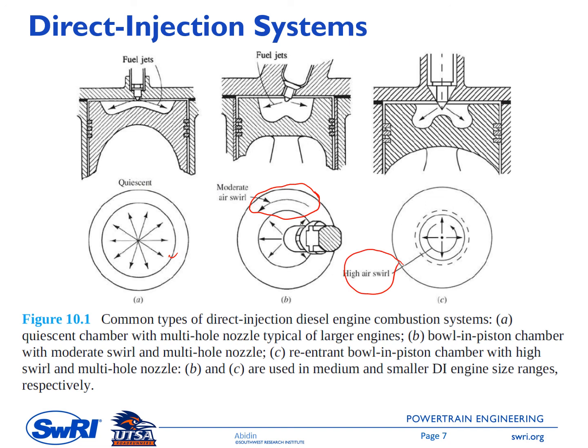A special feature on C, if you look at the profile of the piston here, is that the fuel is injected toward this point, and then the fuel flow will follow the feature of the piston. Some of the fuel will flow downward, and some will flow upward.